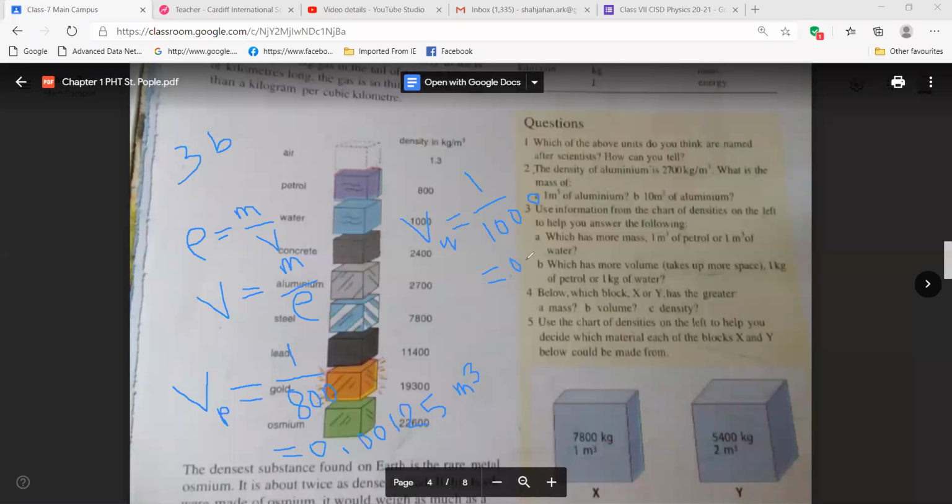So which volume is greater? The petrol one. VP is bigger, right?